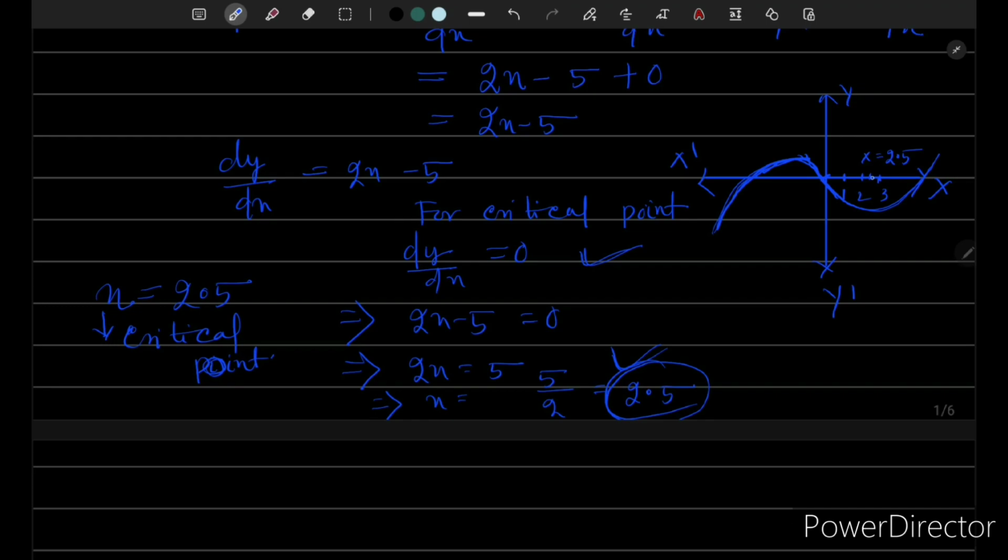This is the x equals 2.5 value, and this is the slope of the function.